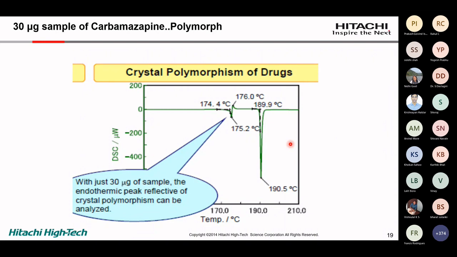Now here the example is shown for carbamazepine. Carbamazepine is a compound which has a total of 18 polymorphs, and one of the polymorphs is shown here. So how is the polymorph interpreted? Your sample is kept at room temperature. Around 174, your compound melts.